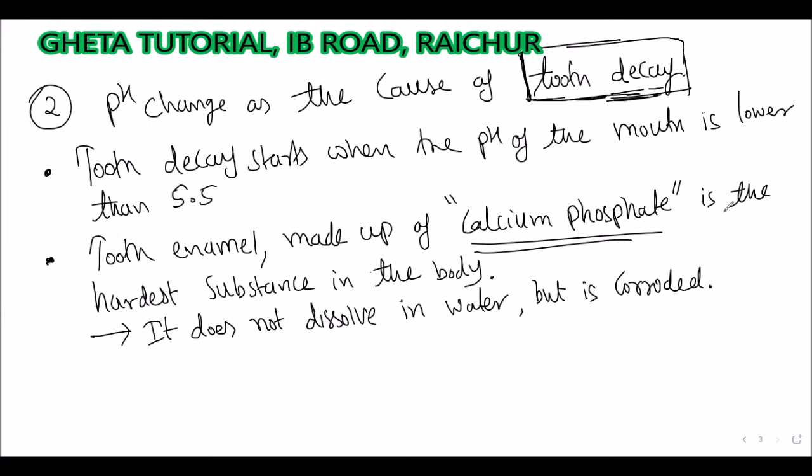This happens when the pH of the mouth is lower than 5.5. And why does this happen? It depends upon our habit of eating food. Suppose after eating the food, you do not brush or clean your mouth, then there is a chance that tooth decay will start.